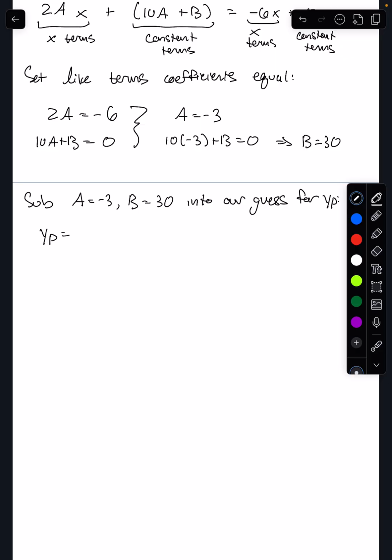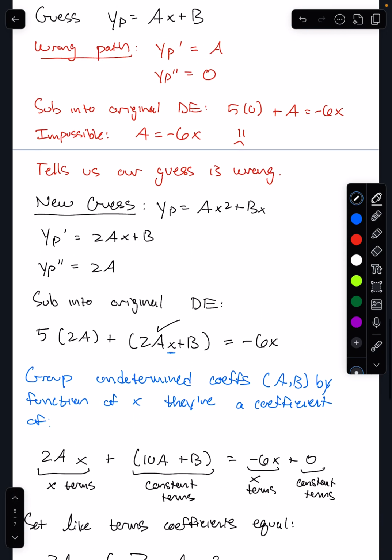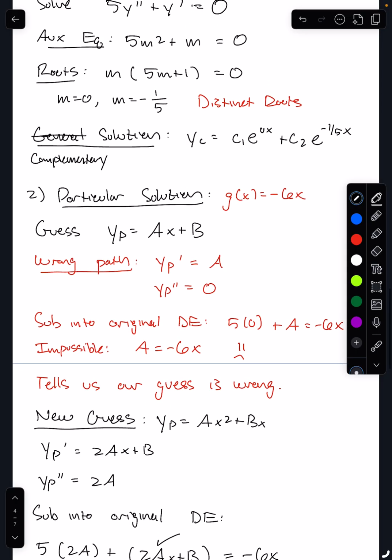And so we found a particular solution. It's going to be negative 3x squared plus 30x. Here's our particular solution.